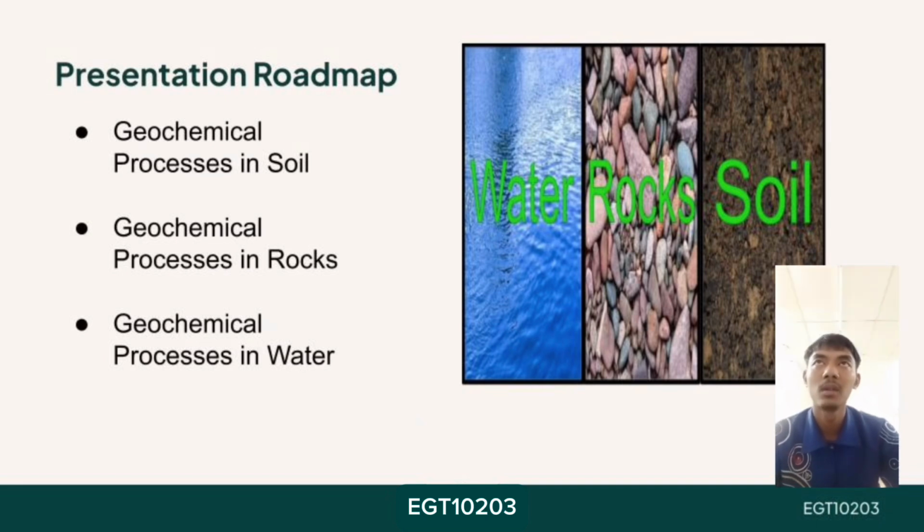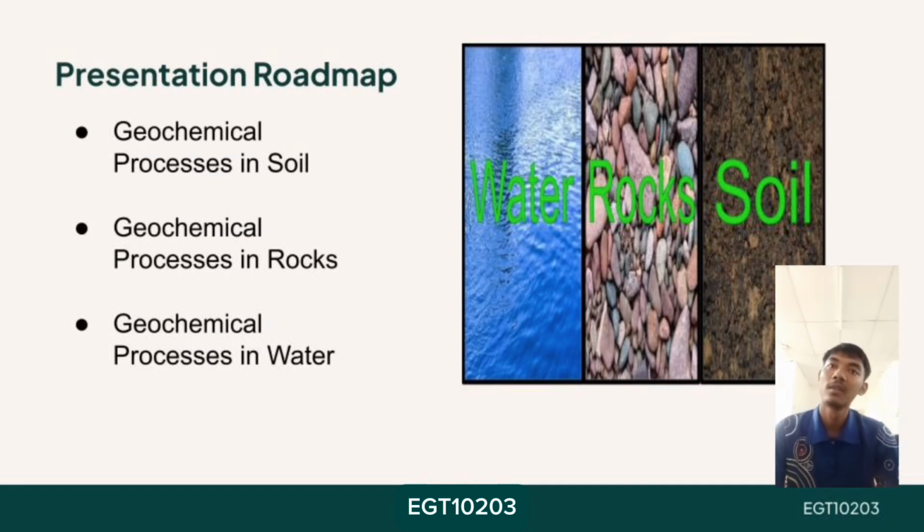Here's how our presentation will be organized. We'll start with geochemical processes in soil: how nutrients move, what affects soil composition, and more. Then we'll explore geochemical changes in rocks, such as mineral formation and weathering.